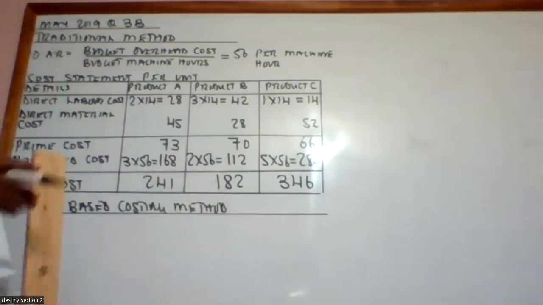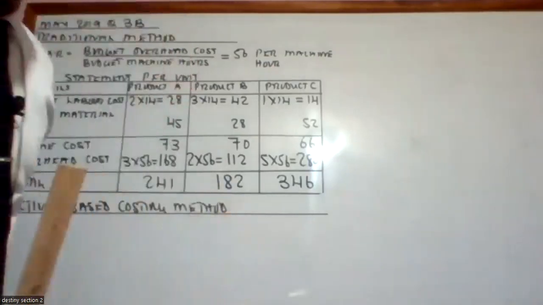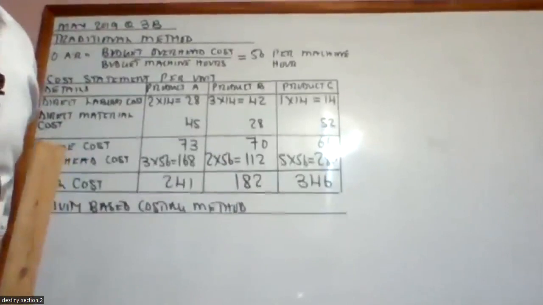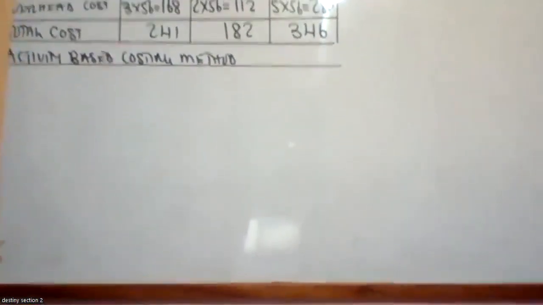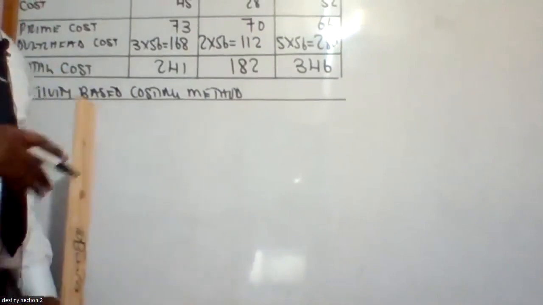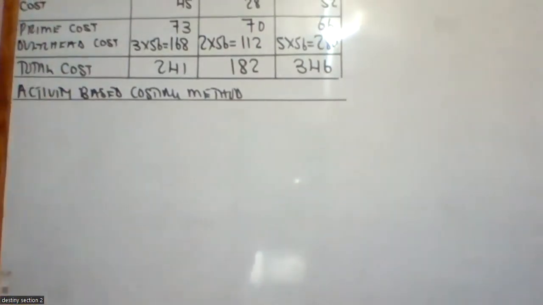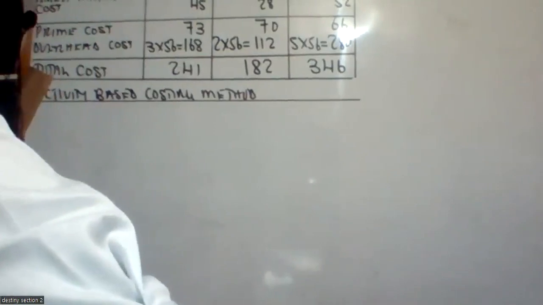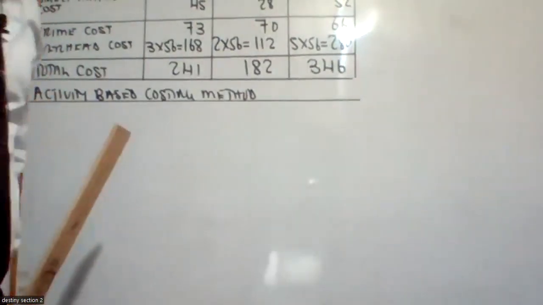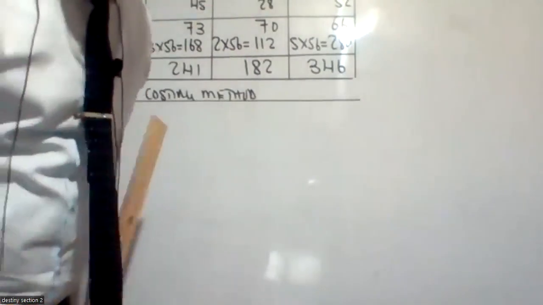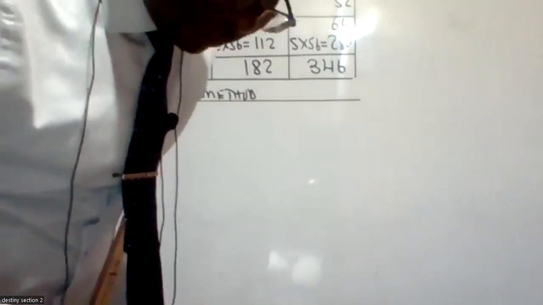Now, in the activity-based costing method, you can choose to draw the table like we were drawing, or you can go one by one. Let me now go one by one, because at times the table may not fit.